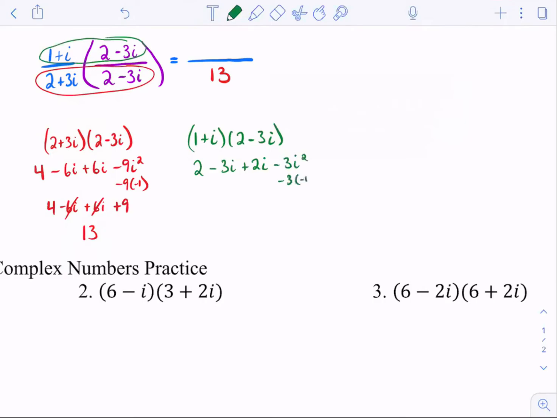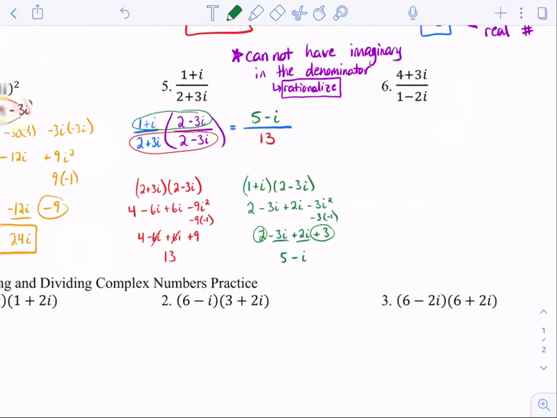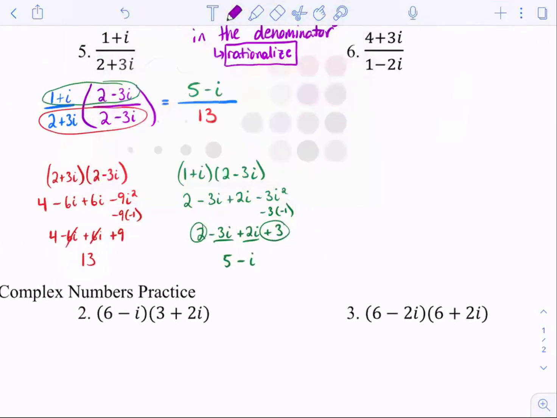This is negative 3 times negative 1. So 2 minus 3i plus 2i plus 3. So 2 plus 3 is 5. And negative 3i and positive 2i is negative 1i. So this now becomes 5 minus i. So really that's our final answer here.